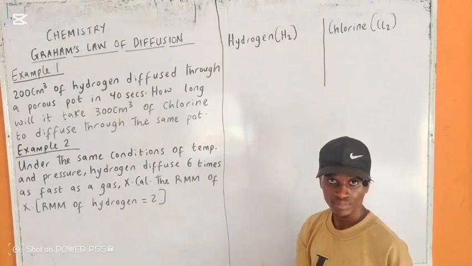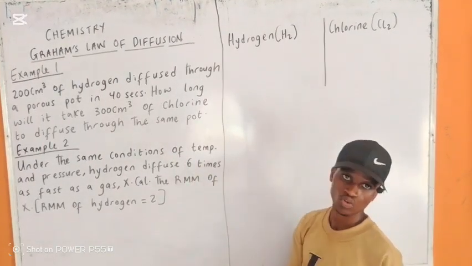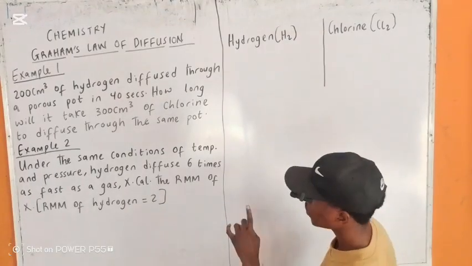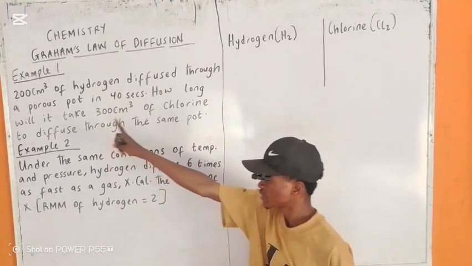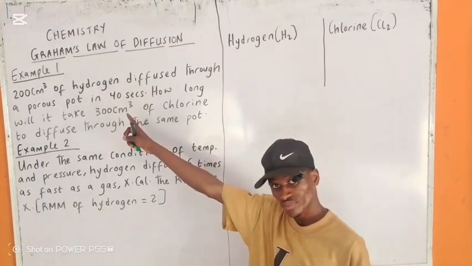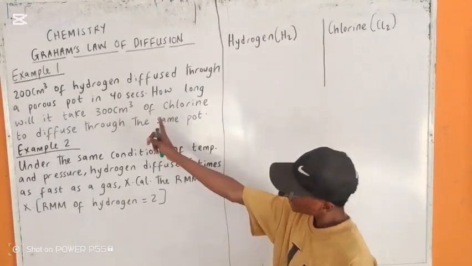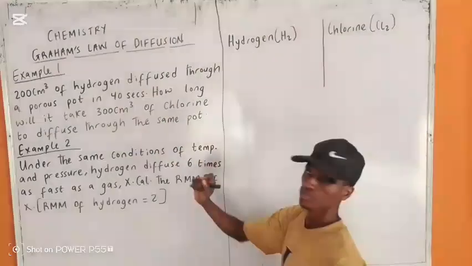So from the question, we have volume, time, and molecular mass. And don't forget, everything coming first belongs to hydrogen, and everything coming next belongs to chlorine.